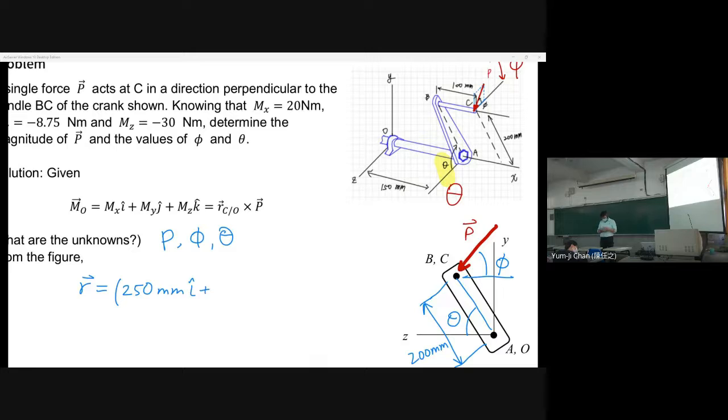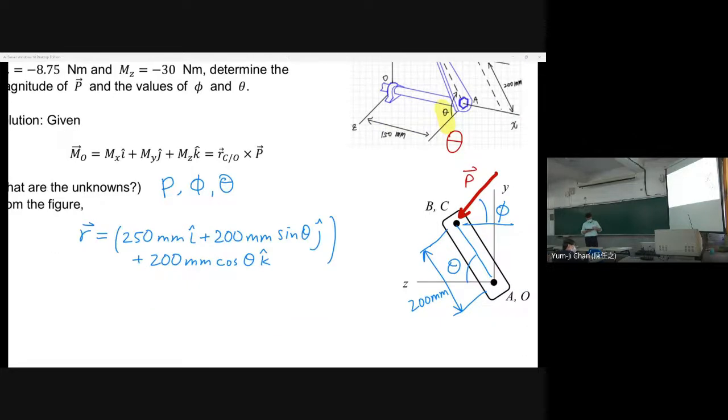In the y direction, it is 200 millimeter sine theta j. And in the k direction, it is plus 200 millimeter cosine theta k. Okay, this is r.